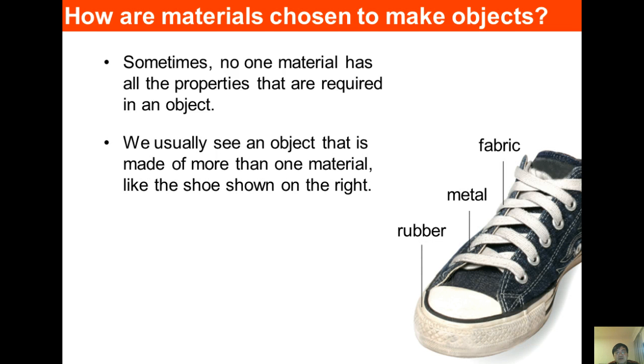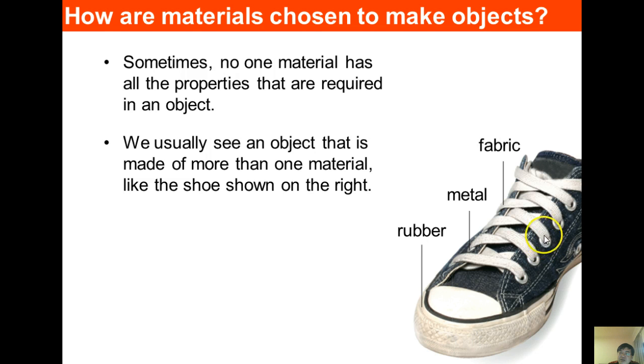Now let's take a look at what it says. Now usually you see an object that is made of more than one material, like the shoe shown here. So many different types of materials. The fabric, so it's flexible for us to wear comfortably inside. And this part over here, the rings are all made of metal, so that it won't be worn off easily.